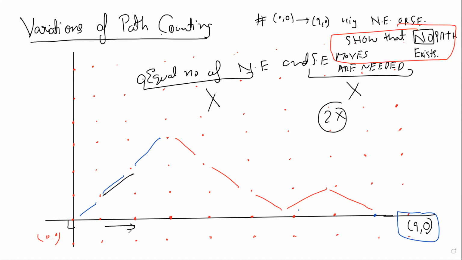Is that right? Because every northeast move means one step to the right, and every southeast move also means one step to the right. That is the kind of problem that we are in. So you would end up at 2X. That's all. It's just like that. But write it.